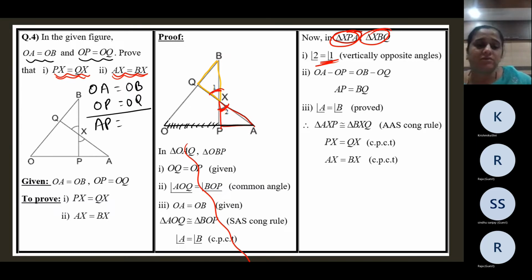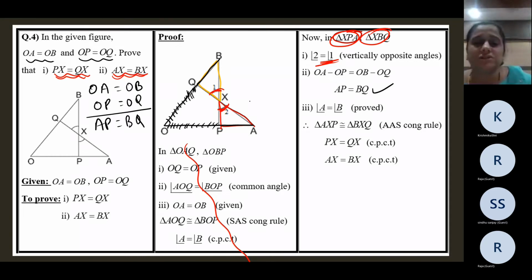This is OB minus OQ, which is BQ. So AP is equal to BQ.